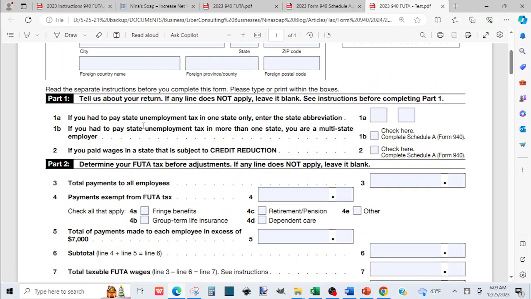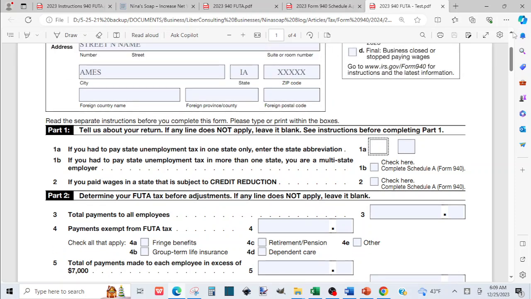If you had to pay state unemployment tax in one state only, enter the state abbreviation. Here you can see we put the business location, Iowa, and therefore on line 1a we put that symbol.